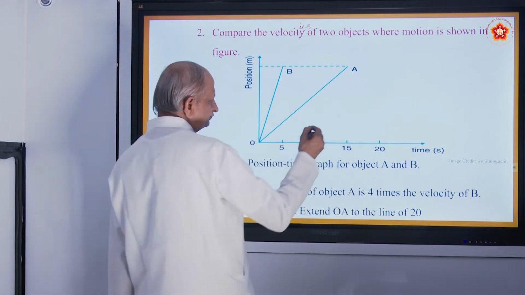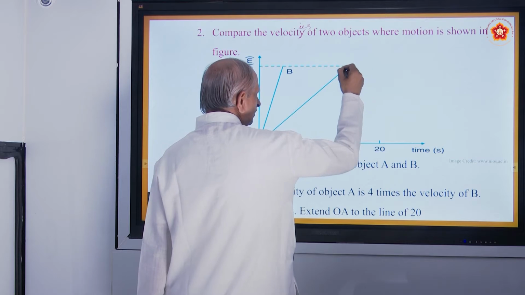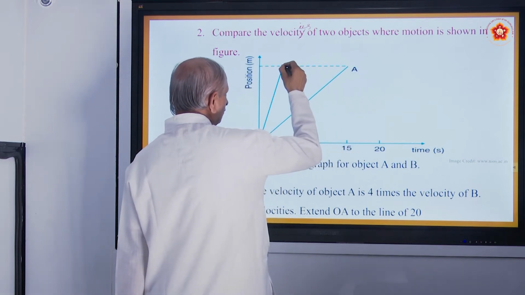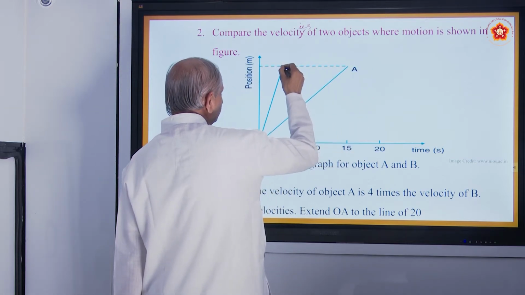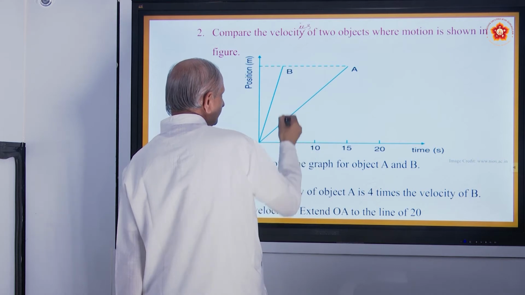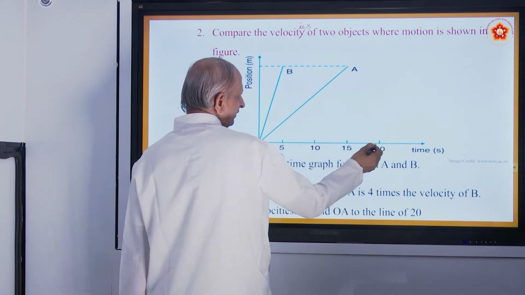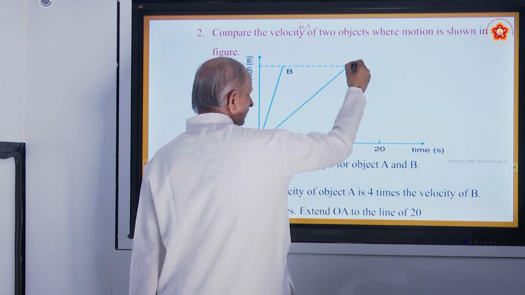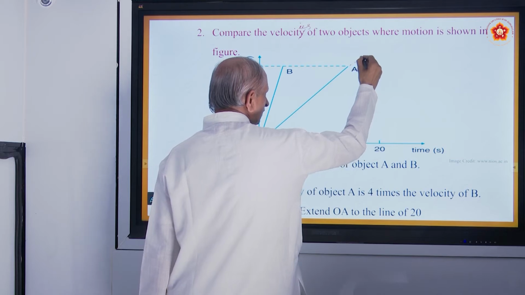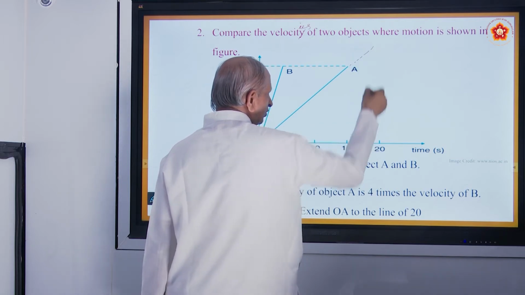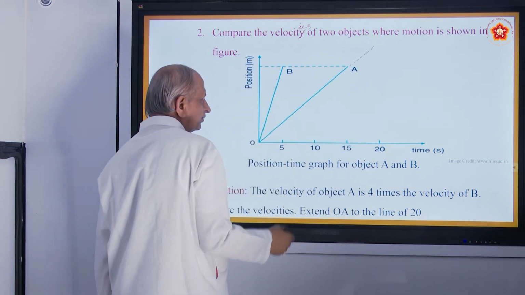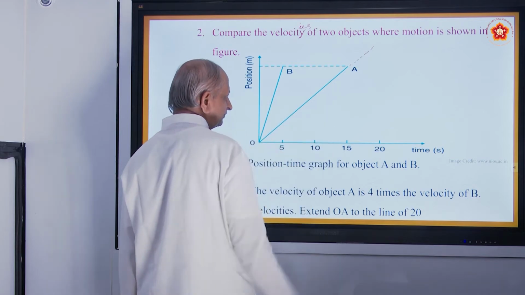So here, this B, when B reaches here in 5 seconds, this will be 20 seconds. So you have to extend it. So this will be 4 times.